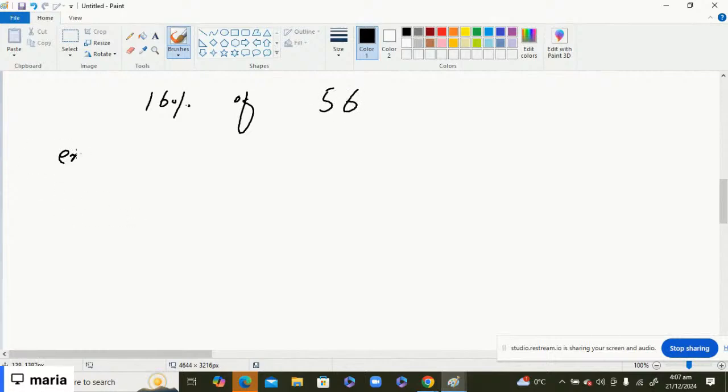So what is the exact answer? That is 16% times 56. What is 16%? 16 over 100 and times 56.